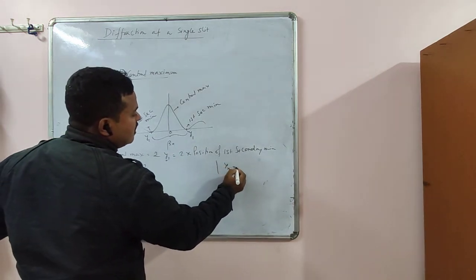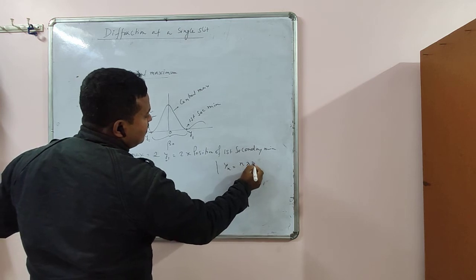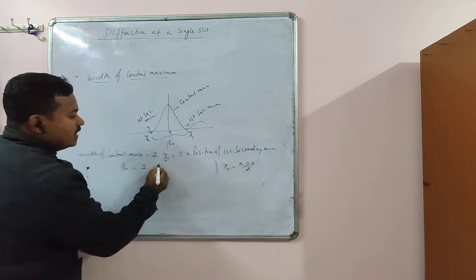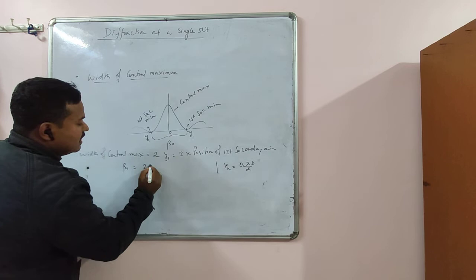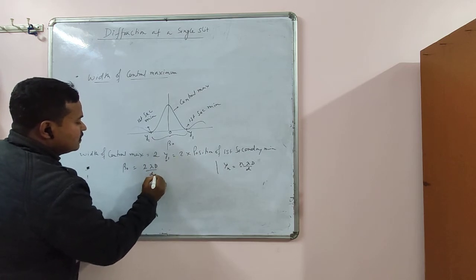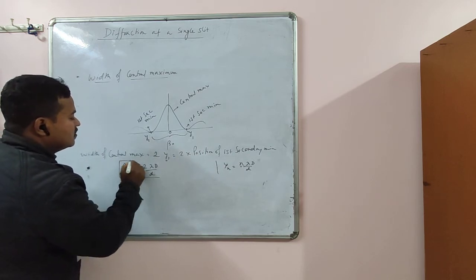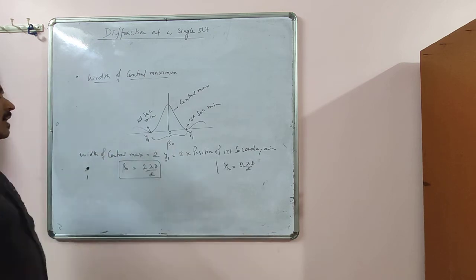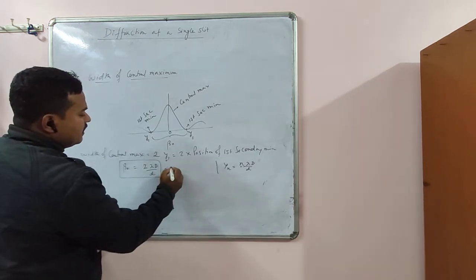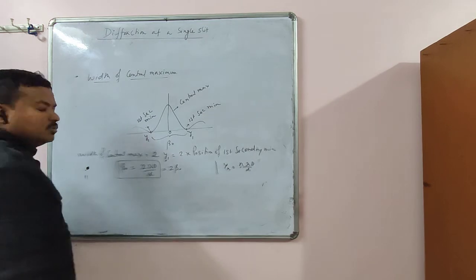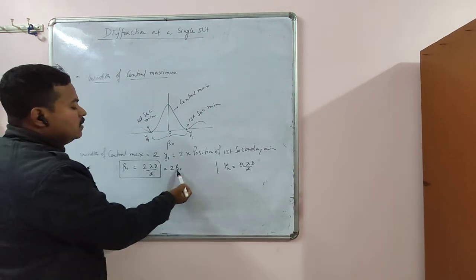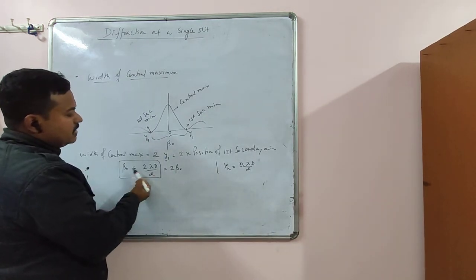For secondary minima, yn is n lambda D by d. For y1, put n value 1, so it is lambda D by d. So beta naught, the width of the central maxima, is 2 lambda D by d, or simply twice beta. Beta is the width of secondary minima and maxima, so the width of the central maxima is twice beta.